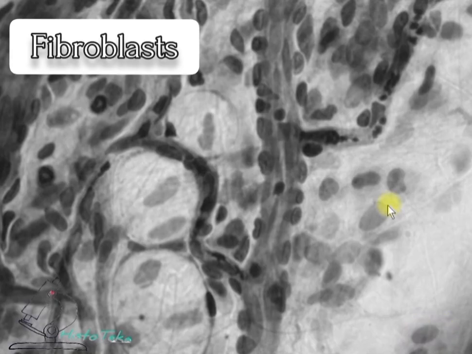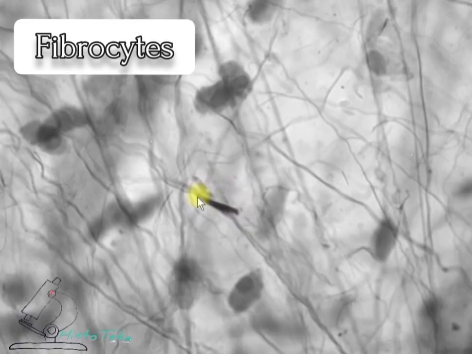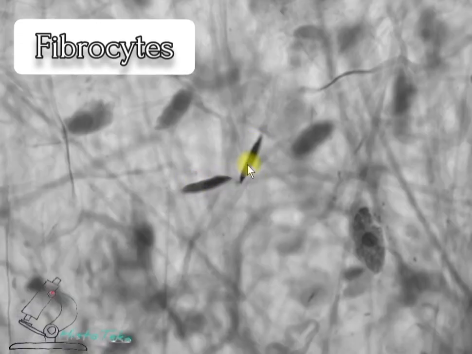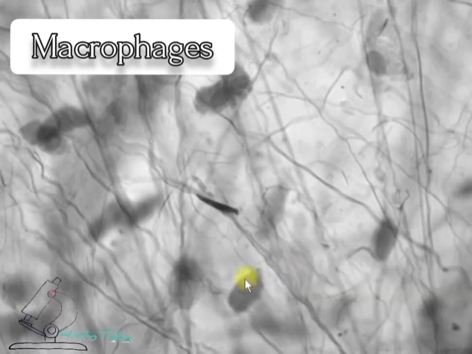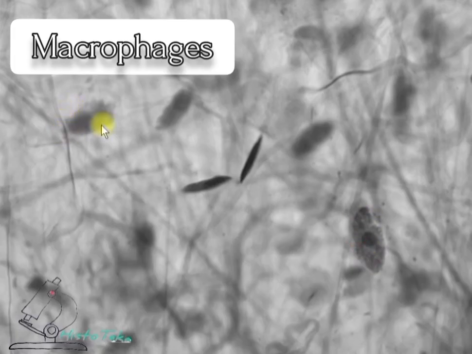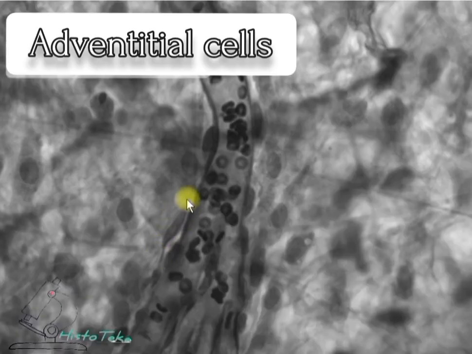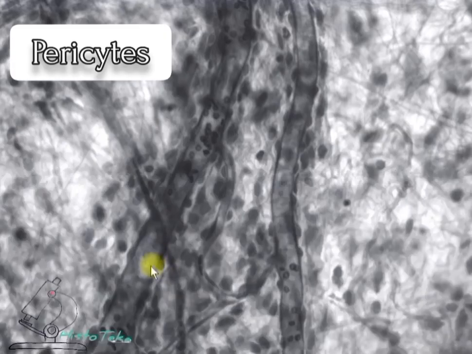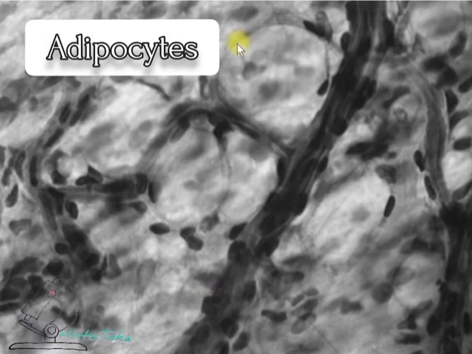The cellular composition determined on the preparation: fibroblasts, fibrocytes, macrophages, adventitial cells, pericytes, adipocytes.